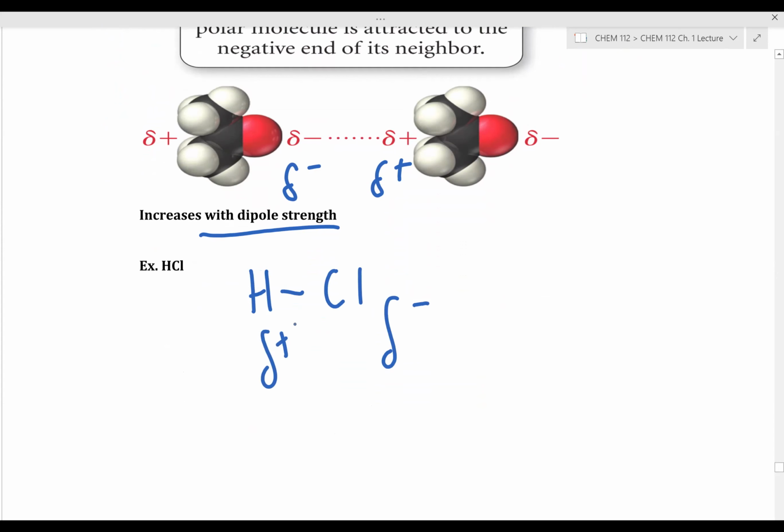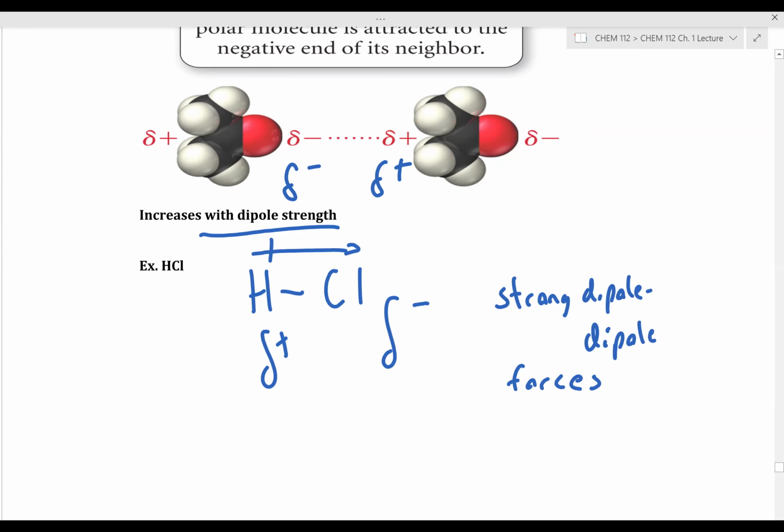So looking at HCl, we would expect to observe very strong dipole-dipole interactions. Okay. So just always keep in mind that these interactions are driven by dipole strength.